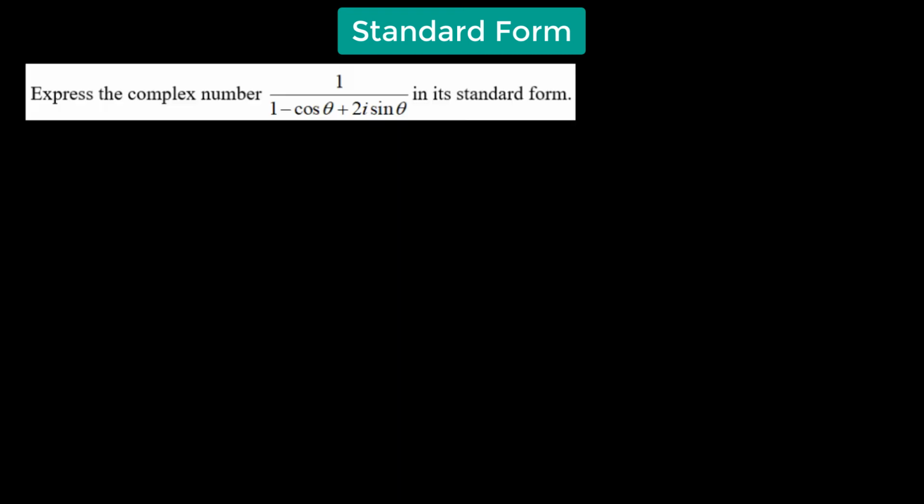So we have 1 over 1 minus cos theta plus 2i sin theta, when we have to express this complex number in its standard form.